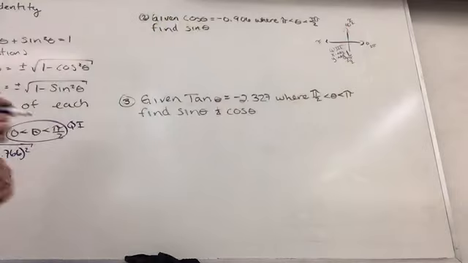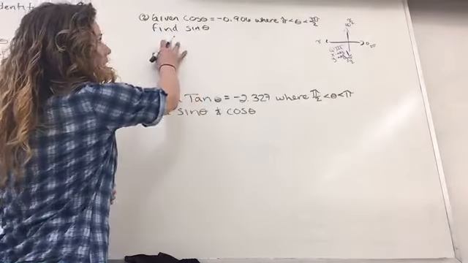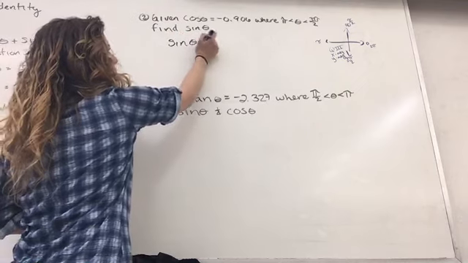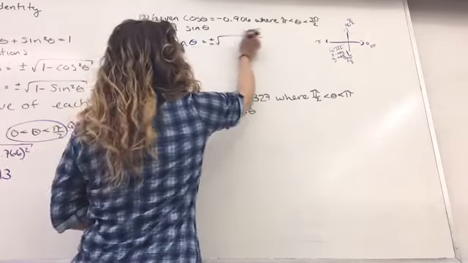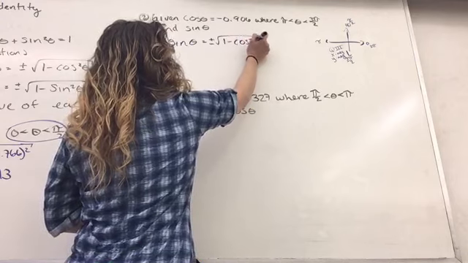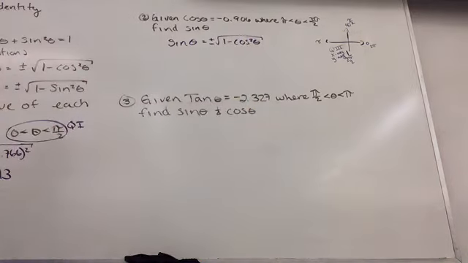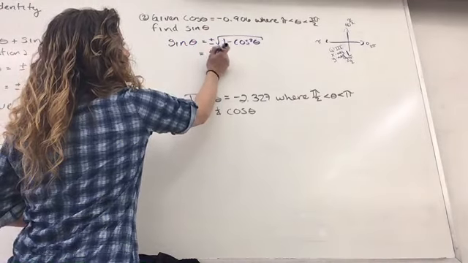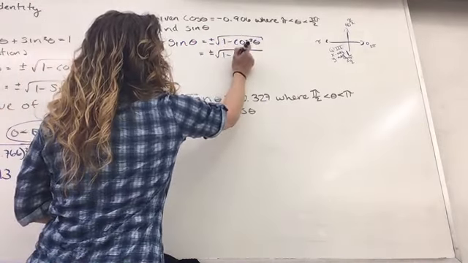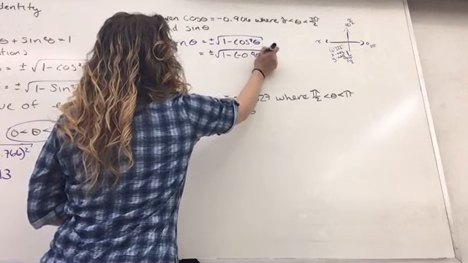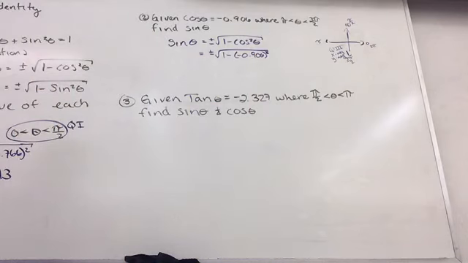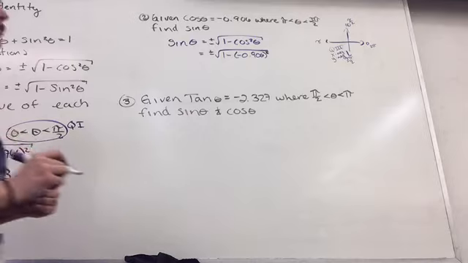Okay? So looking at this, we're going to use our formula that says the sine of theta is equal to plus or minus the square root of 1 minus cosine squared theta. We're using a variation of the identity. We're going to plug in that value for cosine. Be very careful because you're going to end up with that double negative if you don't pay attention. You cannot change that double negative to a positive until after you square your value.